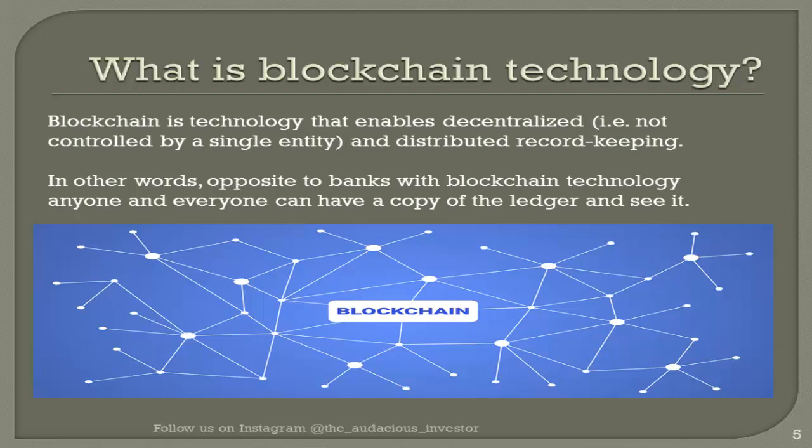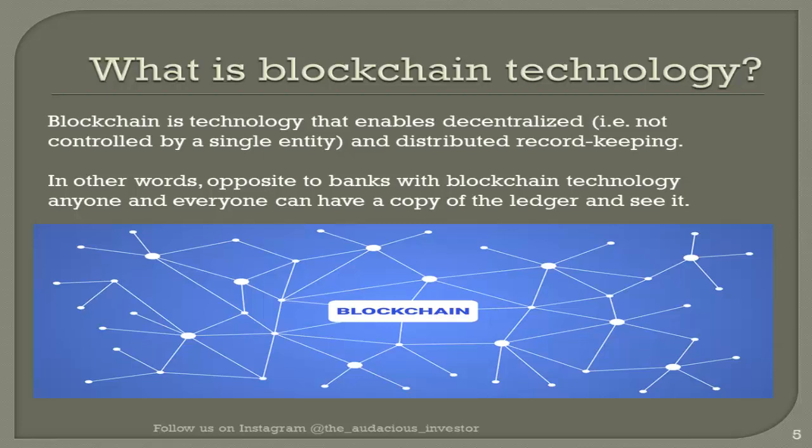Rather, nobody controls it because it's decentralized. Everyone and anyone has access to it. So blockchain technology enables decentralized and distributed record keeping. So it's basically a decentralized ledger. That's what blockchain technology enables, a decentralized ledger.